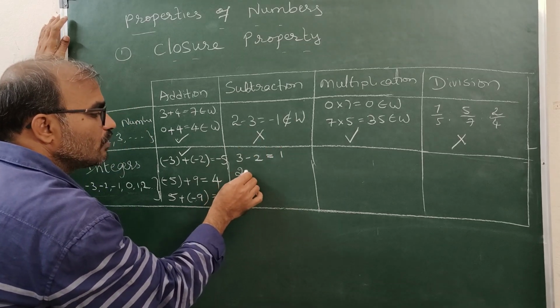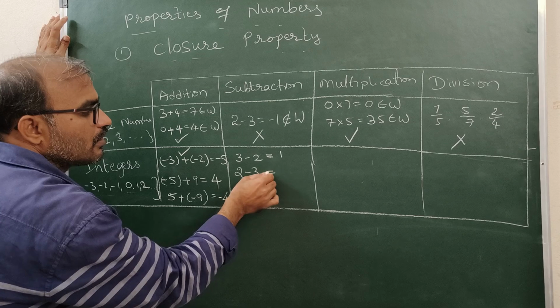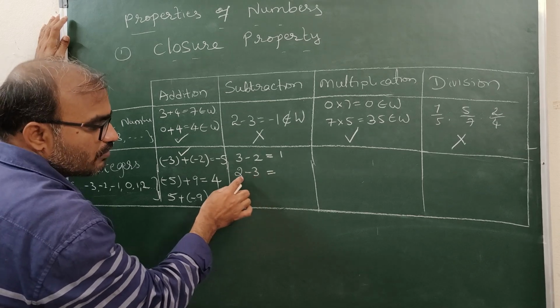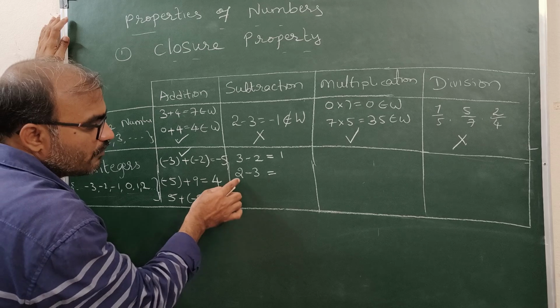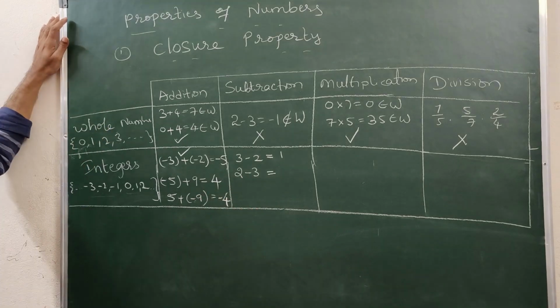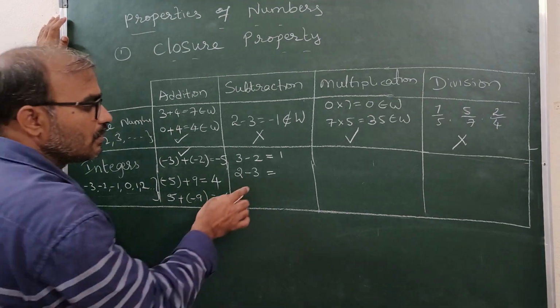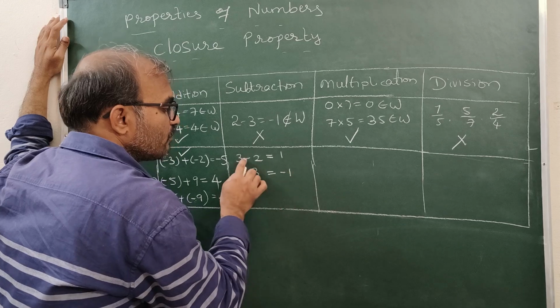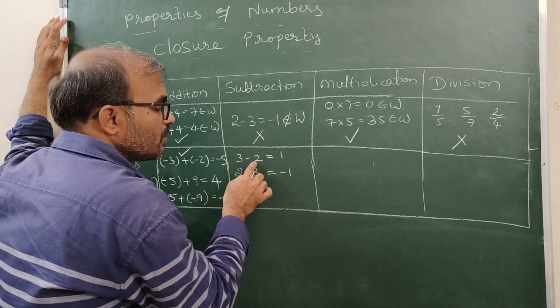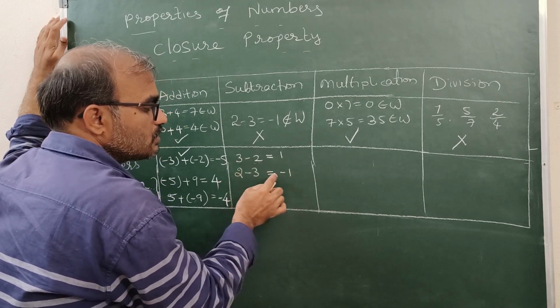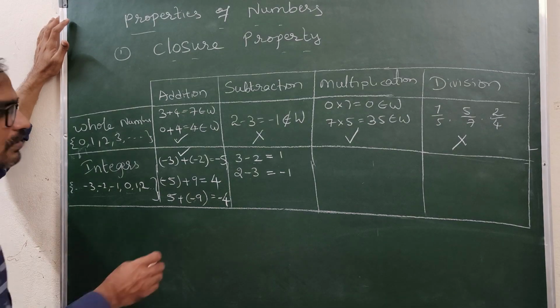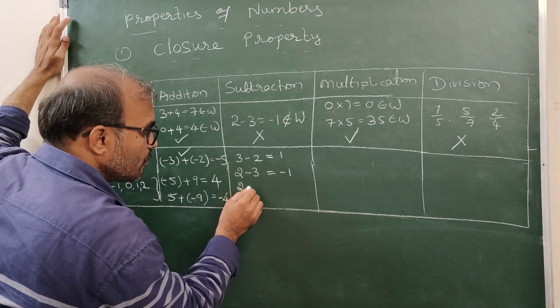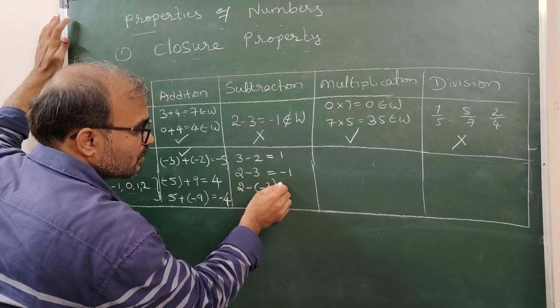If you do 2 minus 3, small number minus big number, you have 2 rupees; if you have 2 rupees, how can you remove 3? So you get a minus: 3 minus 2 you have learnt up to 5th class, and 2 minus 3 is minus 1. Now, 2 minus of minus 3.